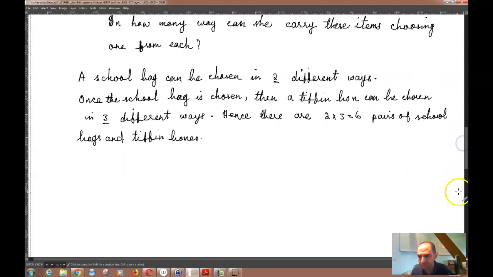Now, to understand this part, it's very important to understand the concepts of combination and permutation, because they are used in all the different fields of mathematics.